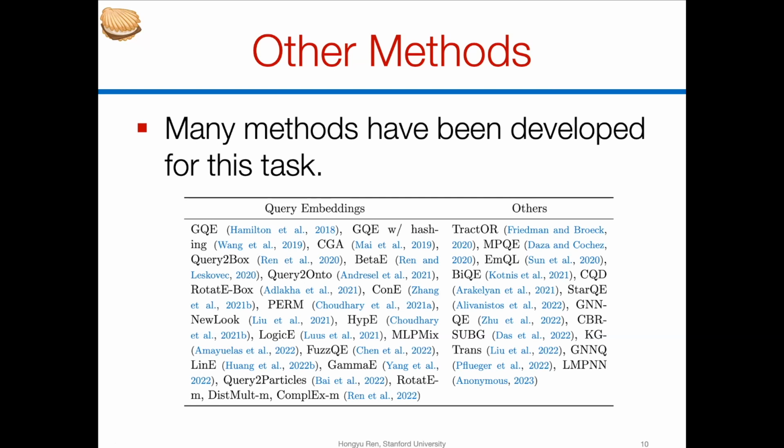And there are also a broader range of other methods. Some use neural link predictors and different architectures like transformers, graph neural networks, and even fuzzy logic. And what I want to say here is that developing more expressive and better query reasoning methods, these neurosymbolic reasoning methods over the given explicit knowledge graph, is an active research topic with many, many open problems and questions.